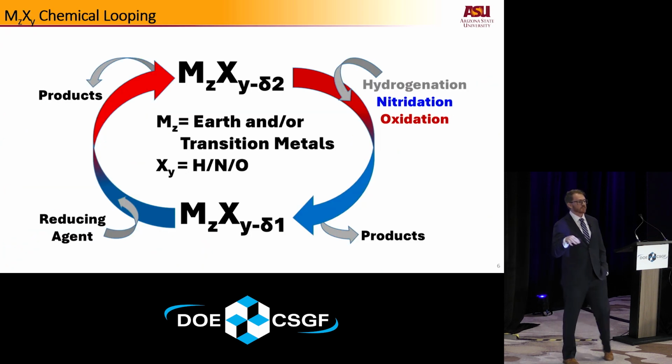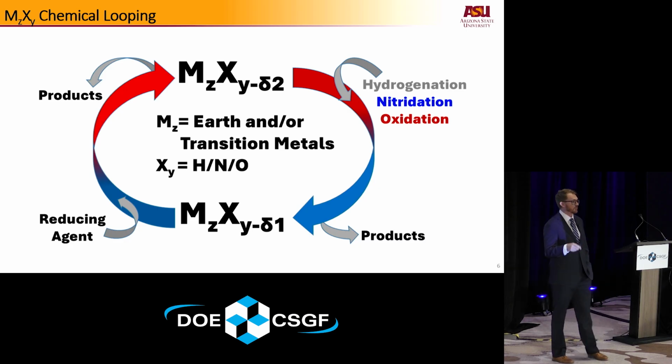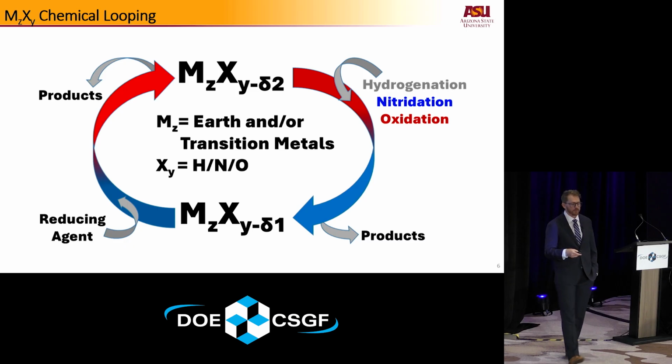So the chemical system that I'm going to be talking about for all of these slides is what's called chemical looping, where you take some metal oxide or ceramic material and you do a chemical reaction that can be cyclic. So you can do it over and over and over again. And there's different parts depending on the chemical reaction that you're looking at, where you can get your products either on this reduction side or products on the oxidation side. It really just depends on the chemical reaction. But the important part is that it's cyclic.